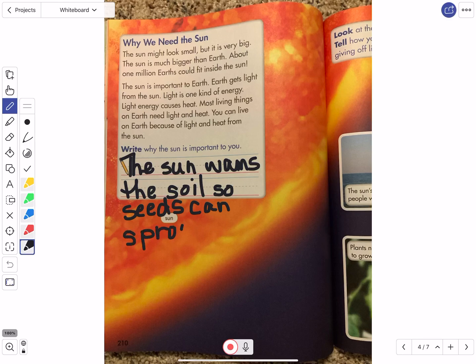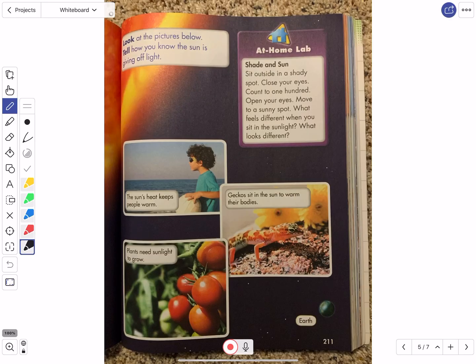And if my seeds don't sprout, I will not have other plants. And if we look at page 211, we see that we like the warmth. People enjoy that heat from the sun, and plants need sunlight to grow. And also all of our cold-blooded animals need sunlight and heat to regulate their body temperature.